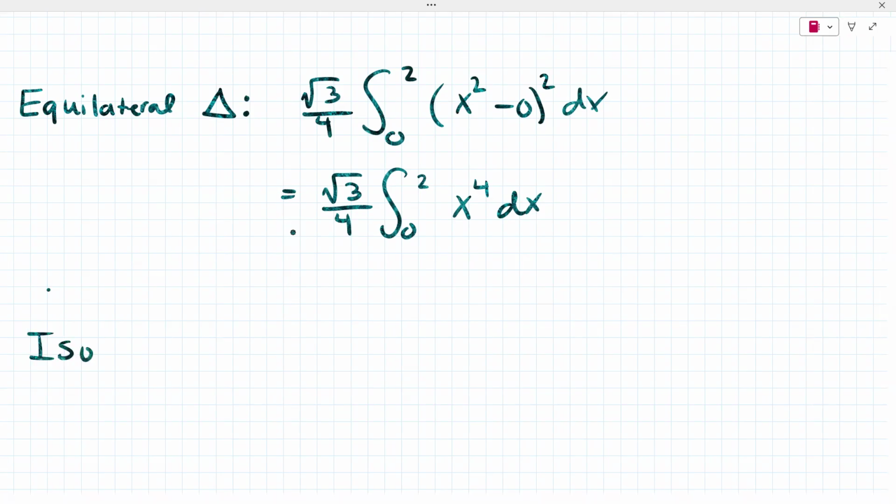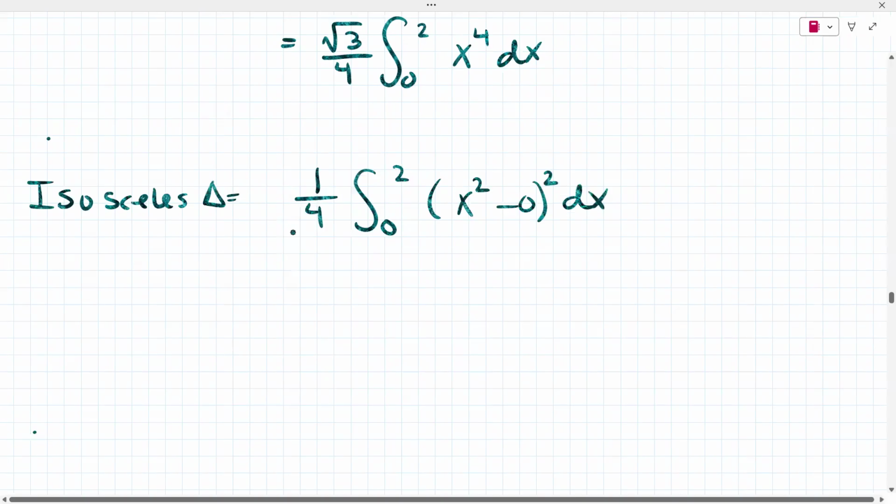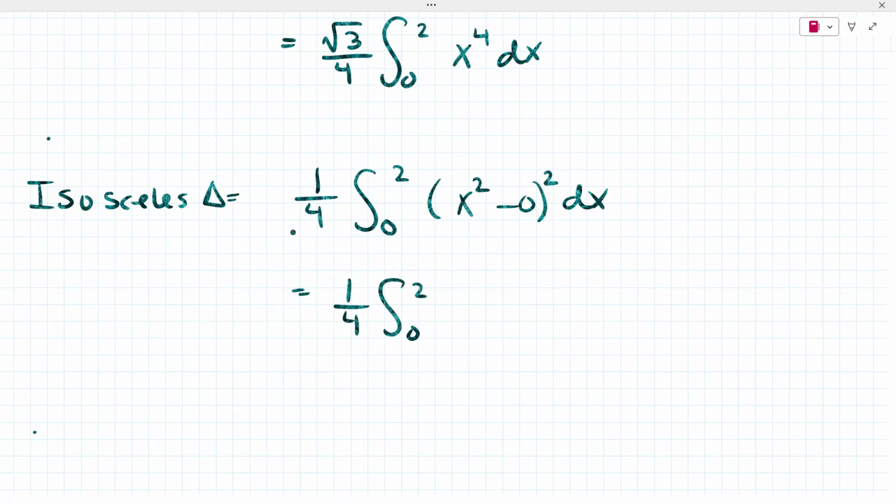And then let's do the isosceles triangle. The coefficient is 1/4, from 0 to 2, of x squared minus 0 squared dx. When you simplify this, it's 1/4 from 0 to 2 of x^4 dx.